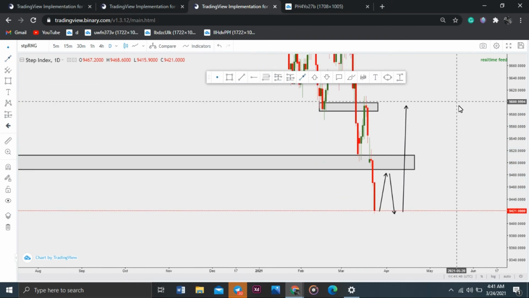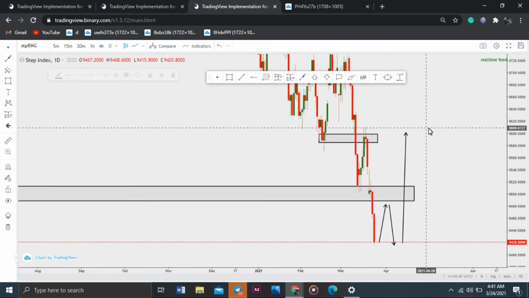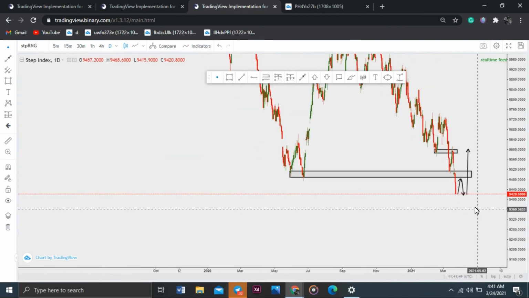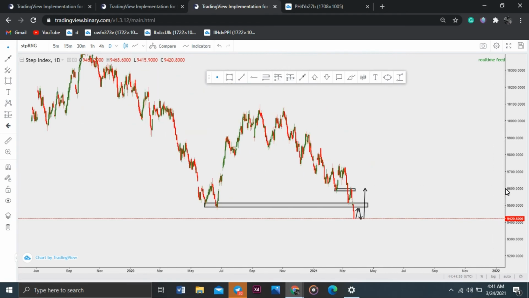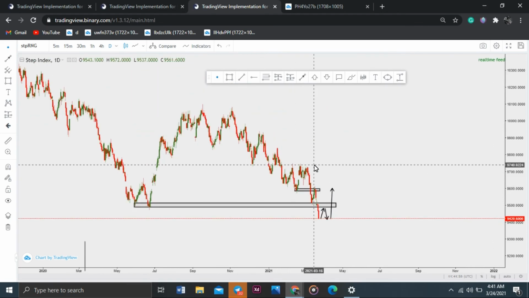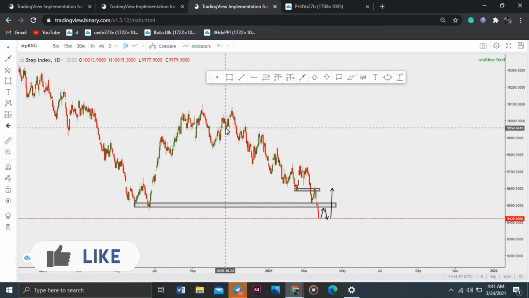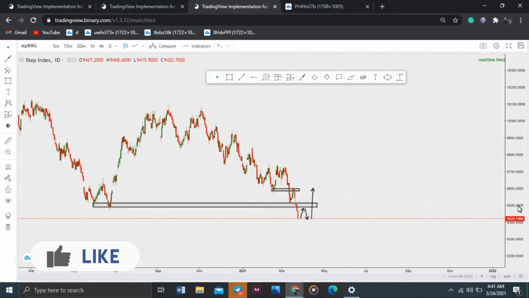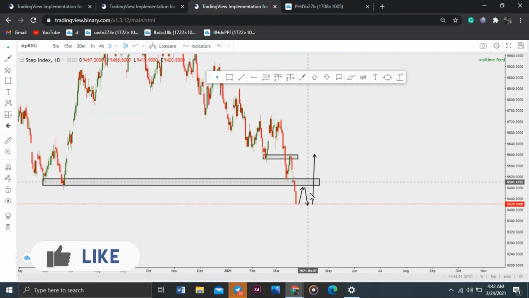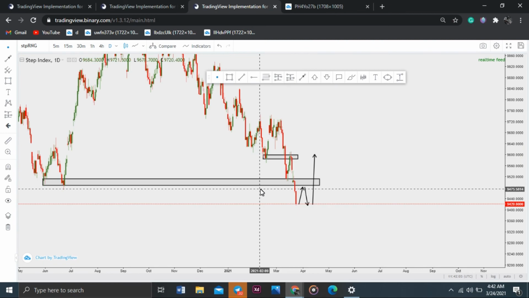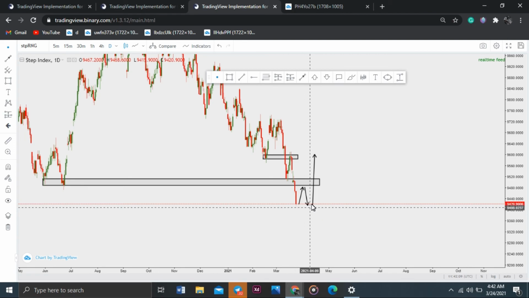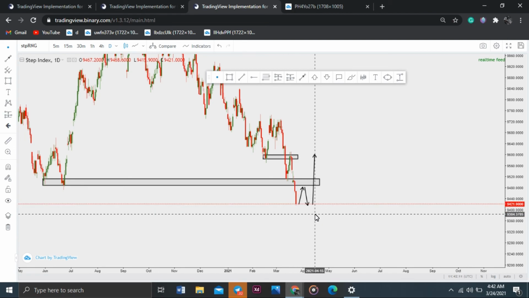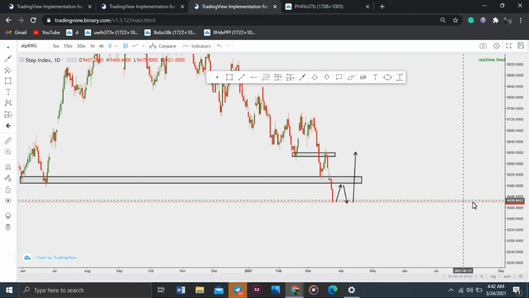So price will finally form something like a new uptrend, going all the way to the upside. On a daily time frame you can see price has been trending to the downside for a very long time. So I won't be shocked if I see a change of trend in step index. Price will just impulse from here to the upside, come all the way down again to form a double bottom to get strong liquidity from here and make a strong push all the way to the upside.